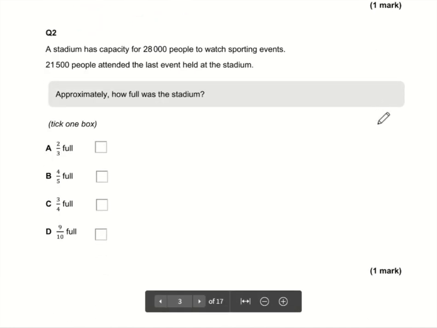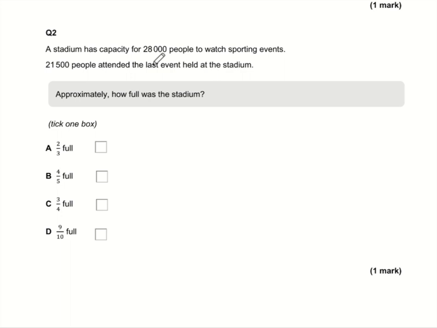Okay, a stadium has a capacity for 28,000 people and 21,500 attended, so approximately how full was the stadium? Well, it was exactly 21,500 out of 28,000.